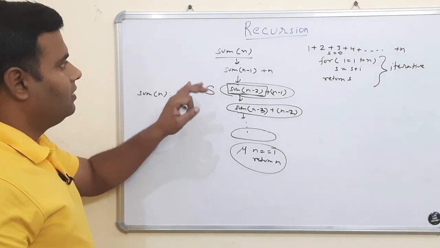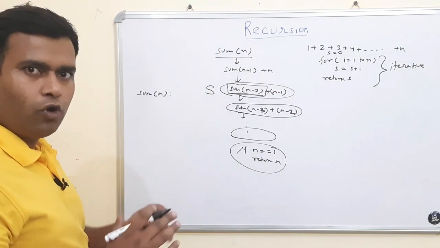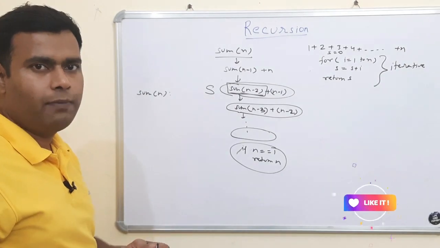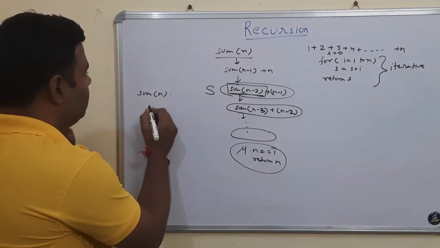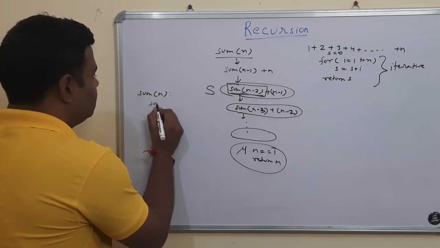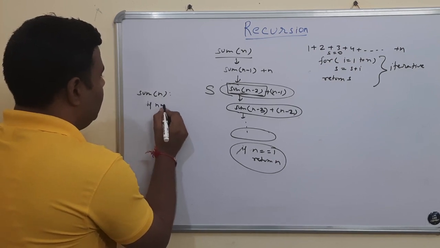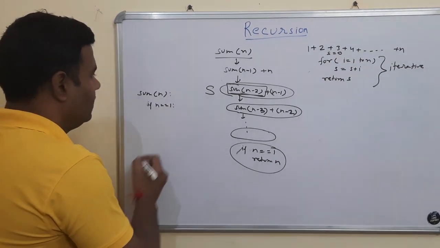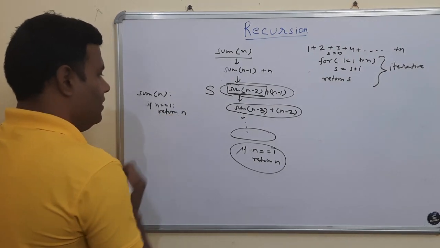This will be applicable to all languages, because recursion is a programming technique, not any specific language. So here, def sum(n), and then we can say if n equal to 1, then return n.